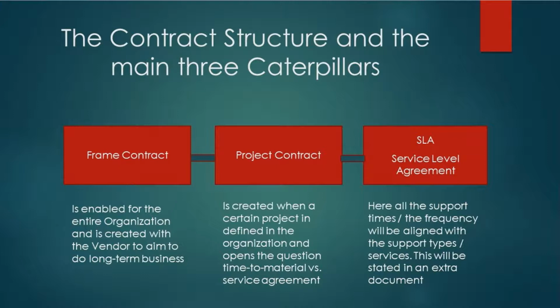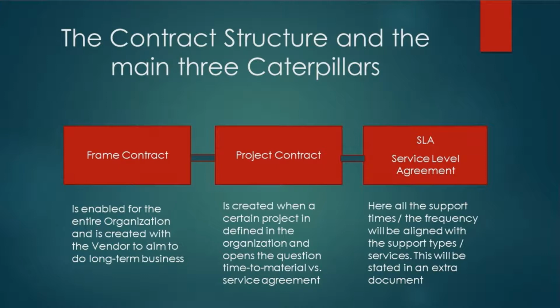We're going to look at the frame contract. The frame contract is enabled for the entire organization and is created with the vendor to do long-term business. Why? Because the frame contract can be applied by any organizational unit within the corporation.